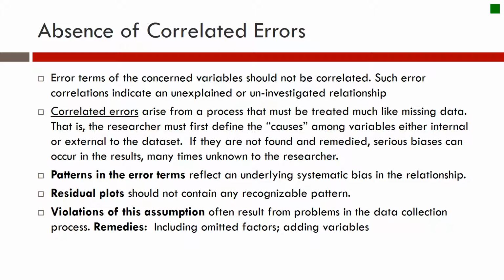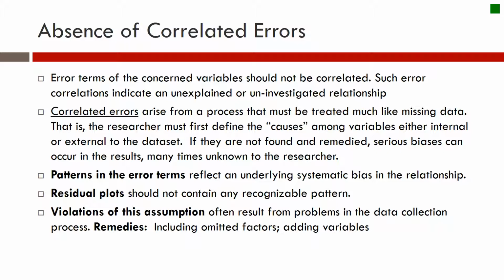The problem is when we have error in two variables that share the same cause. So there's something causing error in two different variables, yet we have not accounted for it. That error that's shared between two variables is correlated. That's what we call correlated error. So error terms of the concerned variables should not be correlated that way.